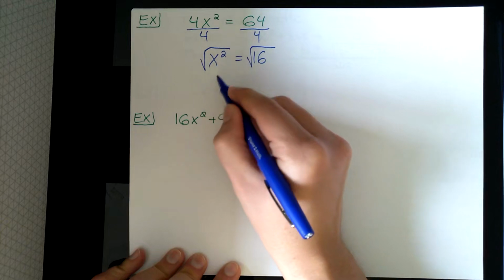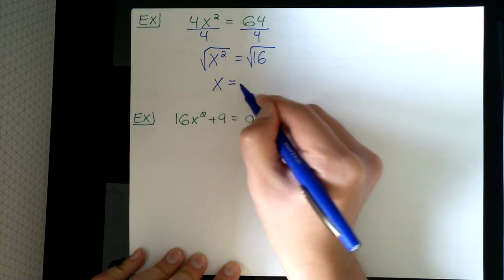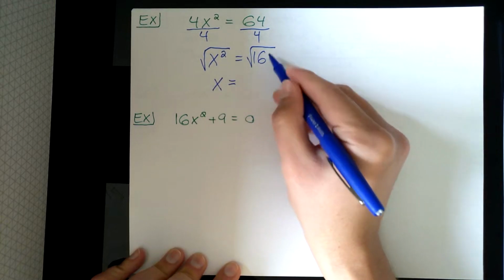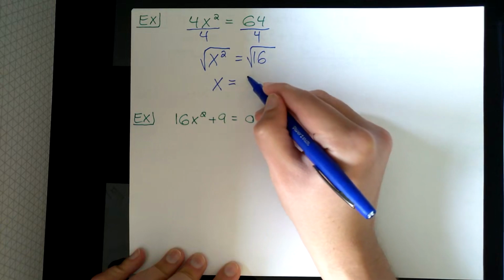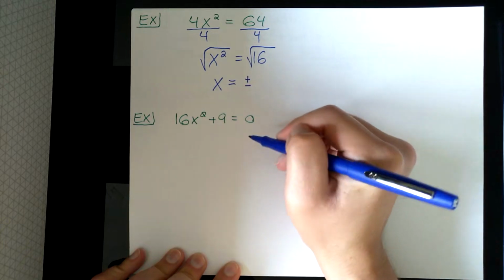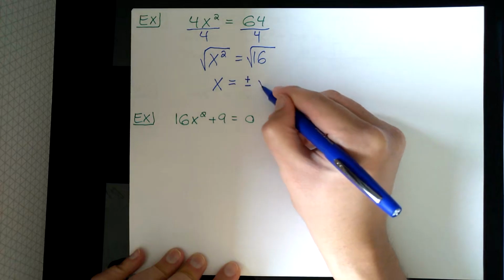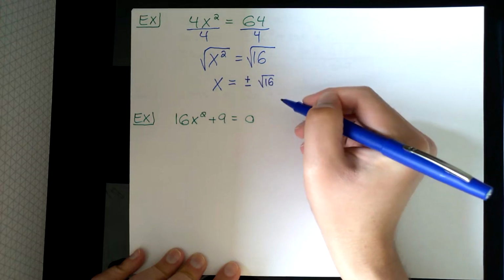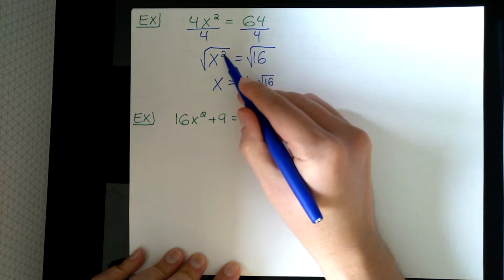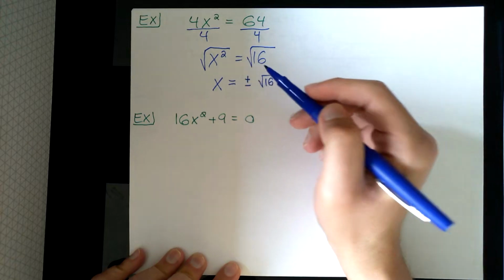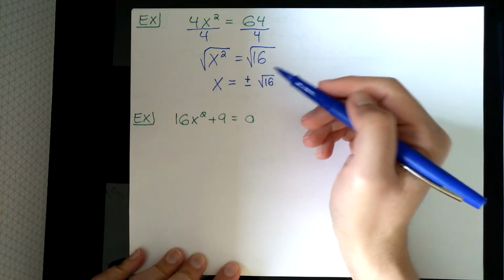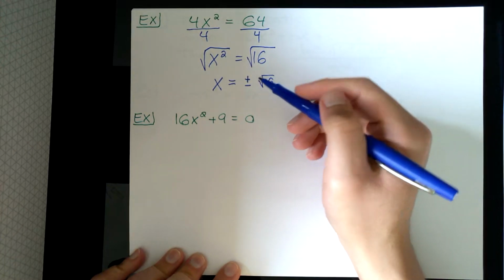The square root of x squared will just leave us with x, but when we apply the square root property to 16, we get a plus or minus the square root of 16. Again, because we started with the square, we have two possible choices, a positive and a negative.